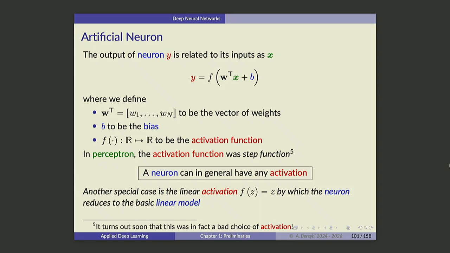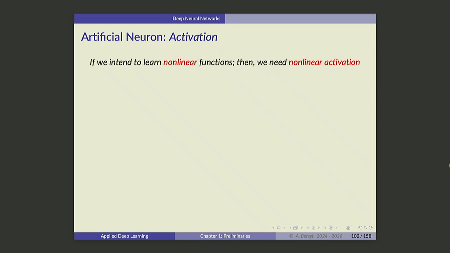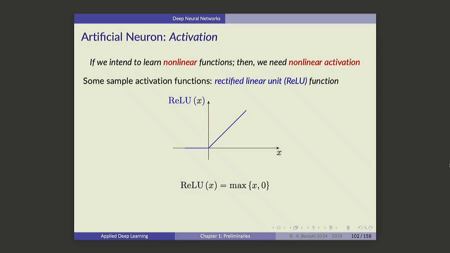Now, there are a bunch of choices for activation. As I told you, you usually need to just choose a nonlinear function. ReLU, rectified linear unit. That one is a quite famous one. And the main reason that we use it a lot is because this is pretty much linear, right?